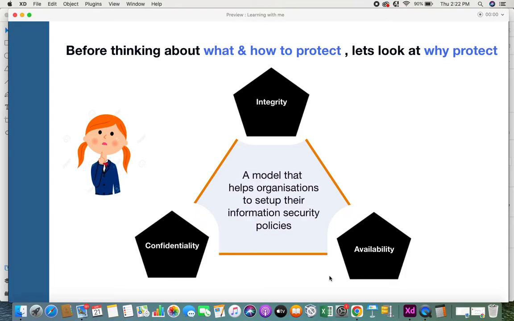Before thinking about what to protect and how to protect, let's look at why protect. Why should businesses actually care about securing their information and assets? There are various aspects that need to be taken into account, and there is a CIA triad, where C stands for confidentiality, I stands for integrity, and A for availability.